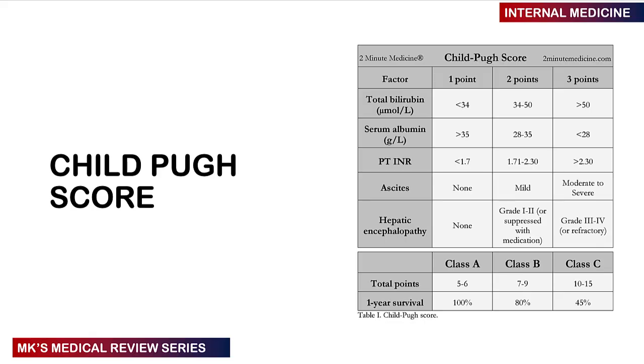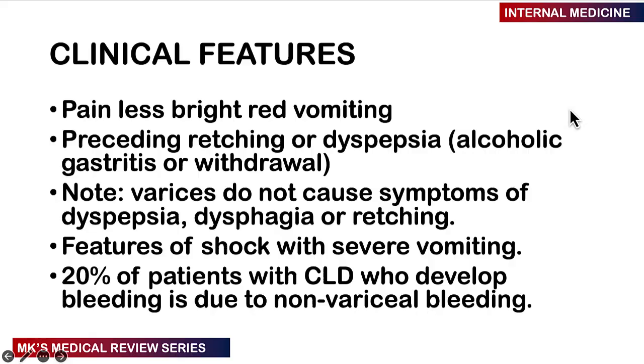And remember, when you're giving anticoagulants, for example, in DVT, you're aiming for an INR of about 2 to 3. So those that have less than 1.7 get 1 point, 1.71 to 2.3, 2 points, greater than 2.3, you give them 3 points. So that's the Child-Pugh score.